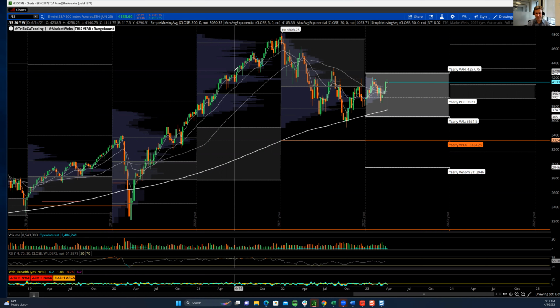So we're still in this range. It's where we opened up the year. It's where we are now. It won't change unless we get above 42.57 or below 36.51. So I don't think it's smart to get uber bearish or uber bullish until the picture really changes a bit. So I'll leave it there.